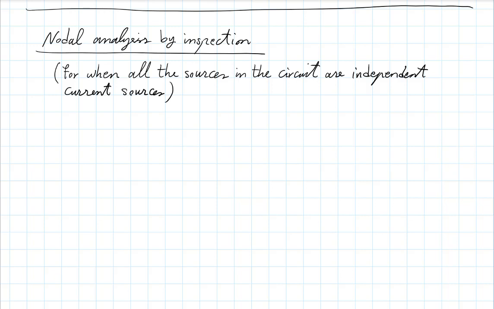Okay, for the simple reason that, as we saw, in nodal analysis, if you had voltage sources, dependent or independent, you would have those extra variables for which you had the extra equations coming from the information of the voltage sources, which makes things a little more complicated.